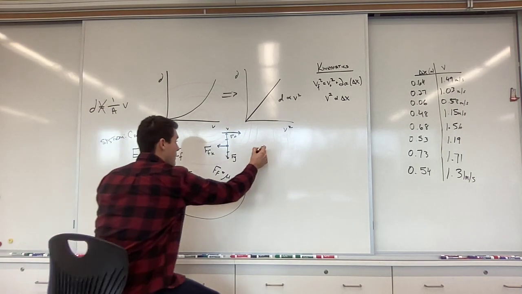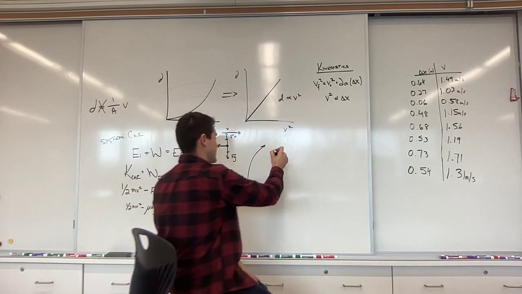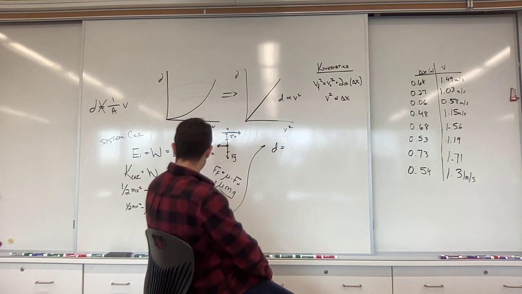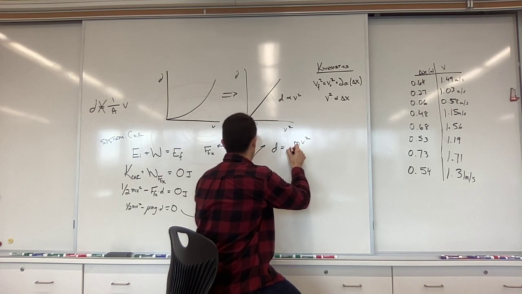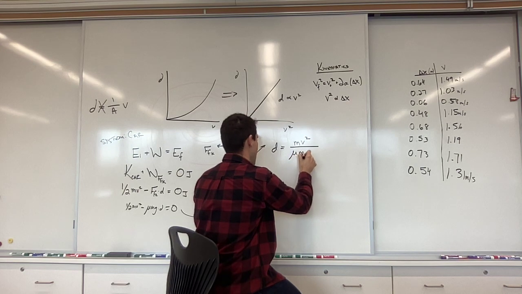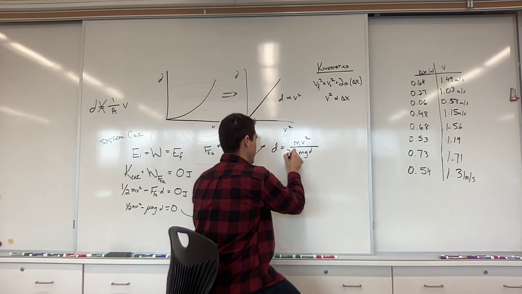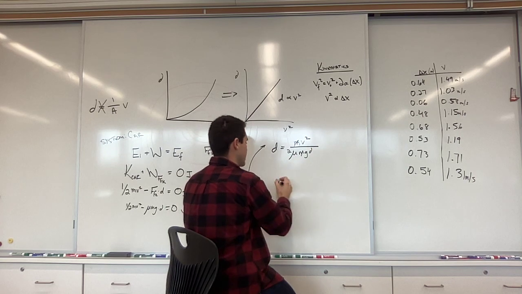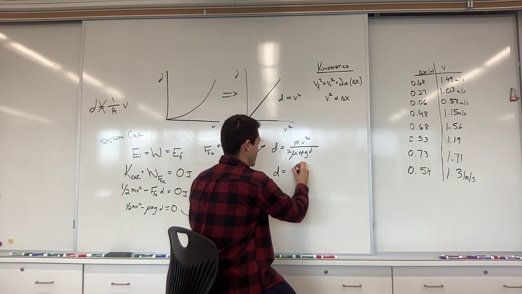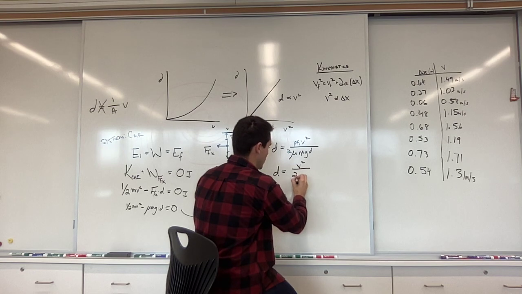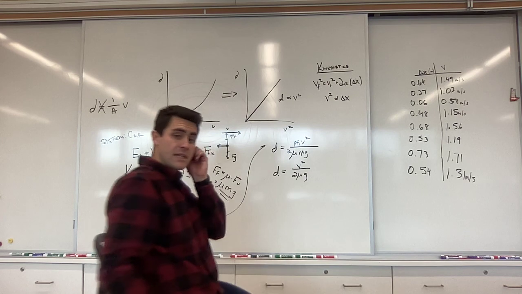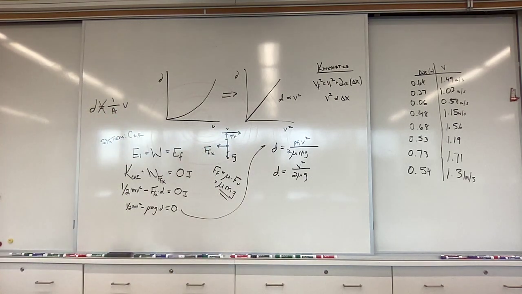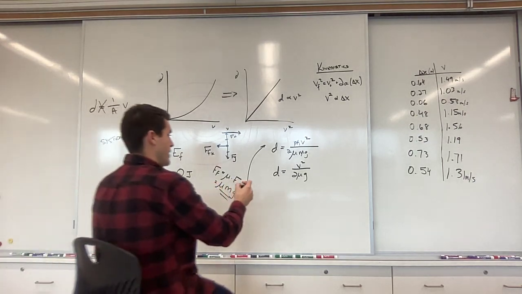I'm going to bring this over here. I see that distance ends up being equal to 1/2 mv squared over mu mg. Can't forget to multiply this by 2. My masses cancel out, and I find that the stopping distance is equal to v squared over 2 mu g. If I do the algebra correctly, and I believe that I have, this ends up being the equation for stopping distance.